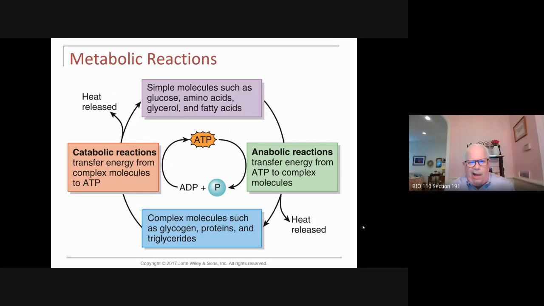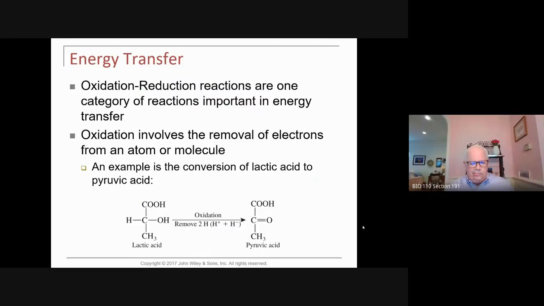And we'll talk about these reactions because there are 4 important reactions that all of you should know, not only for the exam on April 1st, but you should know them if you're a biology major. Okay? When energy is transferred, it is transferred by oxidation reduction, also known as redox reactions. And they're a category of reactions that transfer energy.